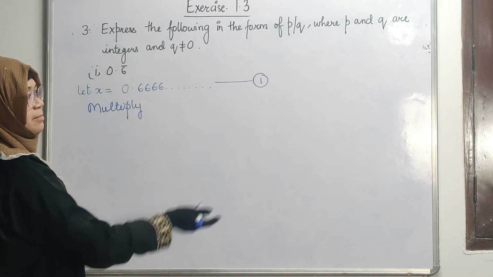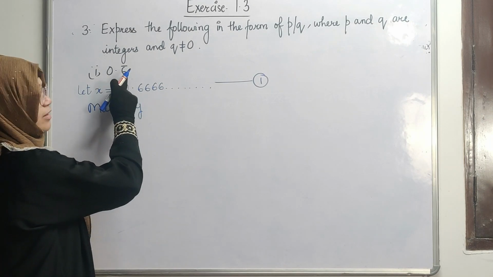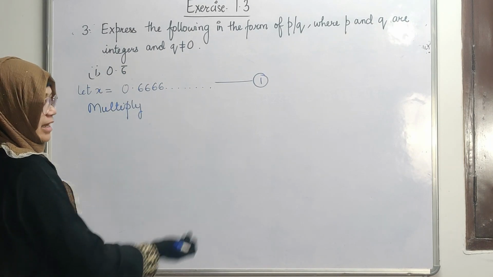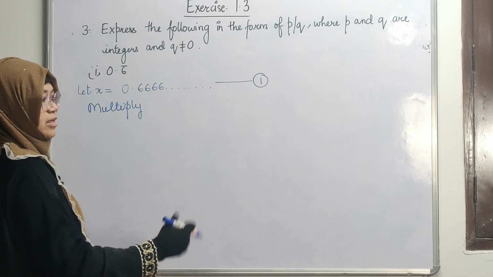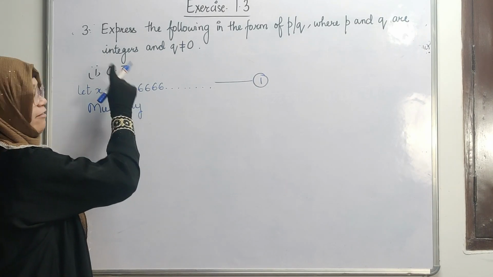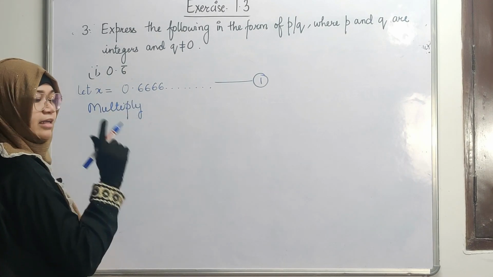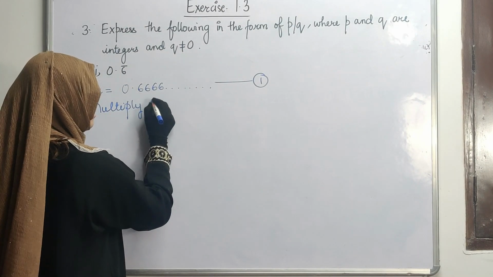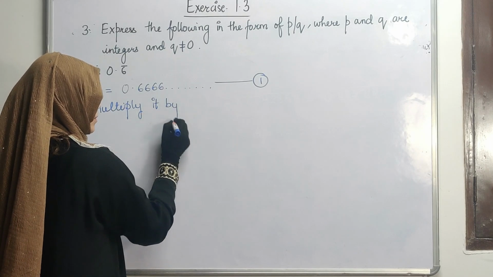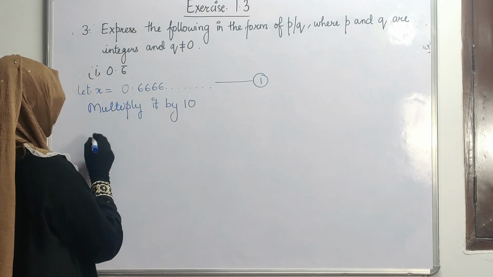There is 1 bar, multiply it by 10. If there is a bar on 2 numbers, then multiply it by 100 or 1000 or so on. Here we have a bar on 1 digit. So multiply it by 10.